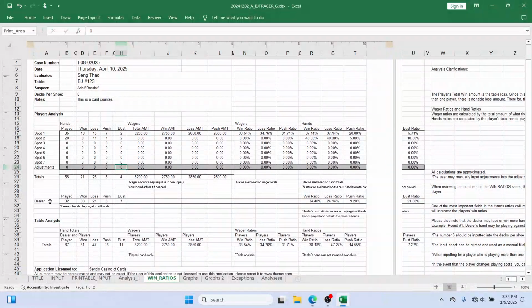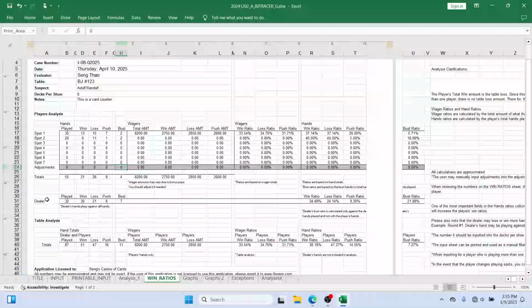The surveillance agent, or what we call the card master in the surveillance department, is the person that analyzes the blackjack players, and that's where we track the dealers. If you look at the dealers' win ratios, it tells you a lot.